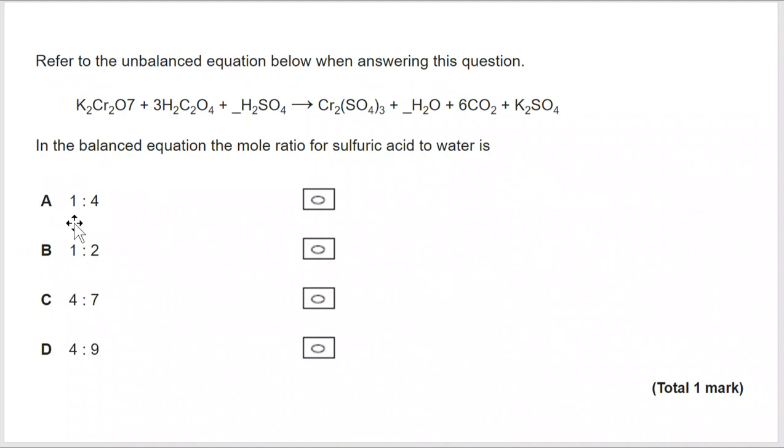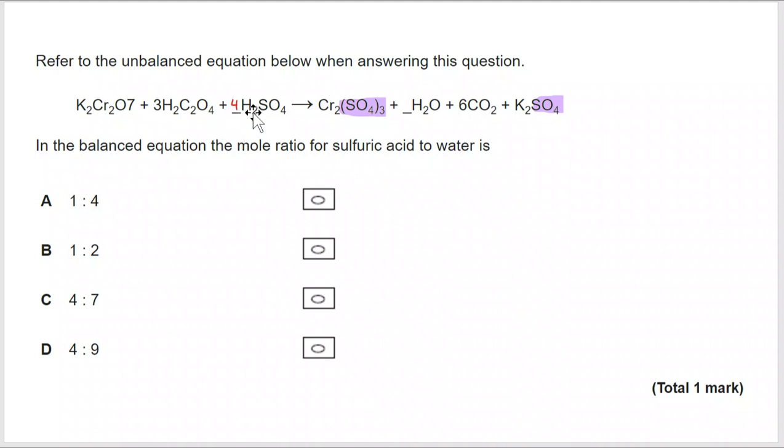So the important thing to see here is that my K2Cr2O7, lots of it is already balanced. It's quite limited what we can do. And so I am going to start by taking a look at the SO4s. I've got 3 SO4s here and I have 1 SO4 here. That's 4 of them in total.